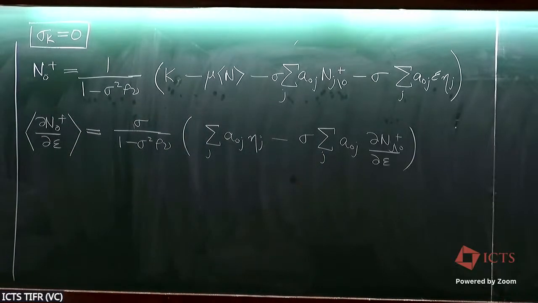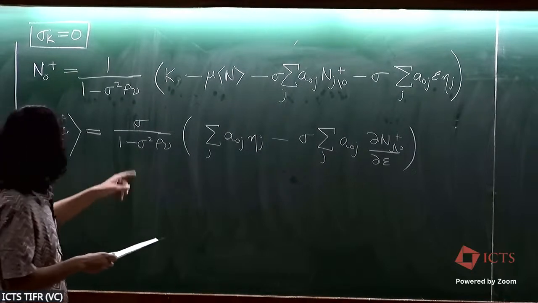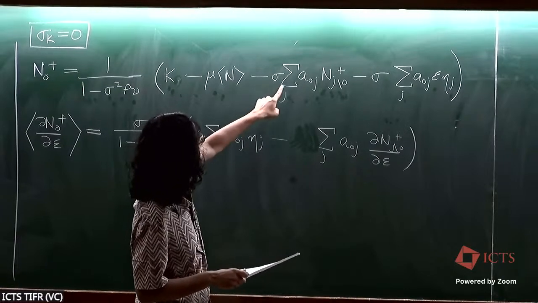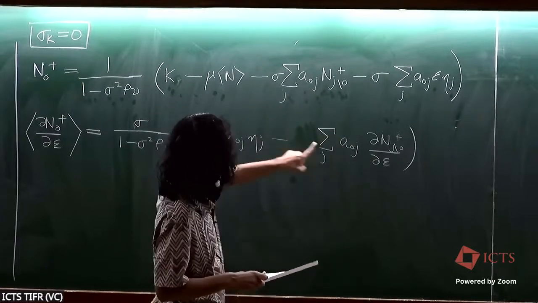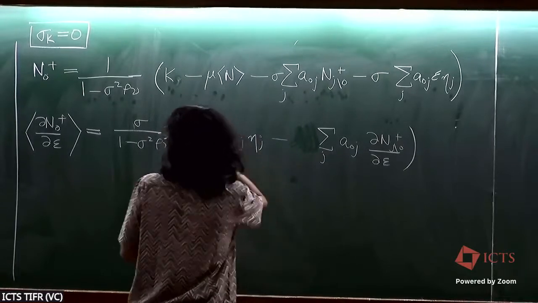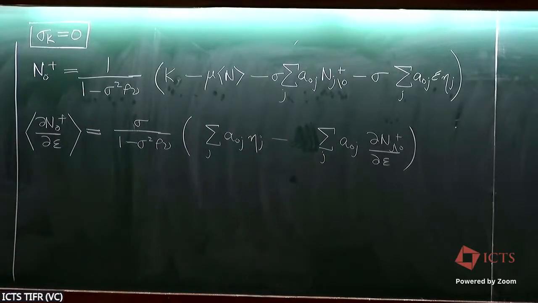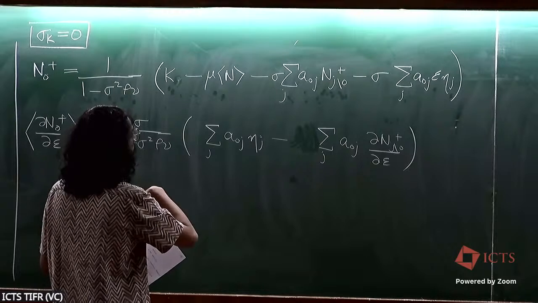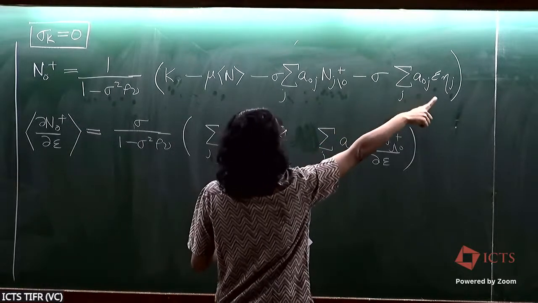Okay, let's see if I did it correctly. Do I have all of my signs right? Sigma is outside, so that's fine. This guy is A0. There should be a plus here, right? Did I mess up something? No, that's okay. That guy gives me A0j eta j.